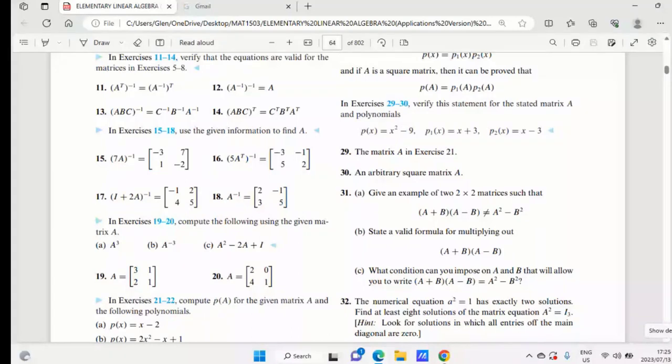In the next step, I got 2a is equals to matrix of -1, 2, 4, 5 to the power -1 minus identity. And then 2a is equals to 1 over open bracket 5 multiplied by -1, close bracket, minus 2 multiplied by 4, close bracket.